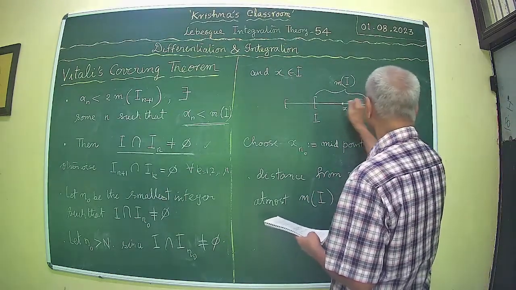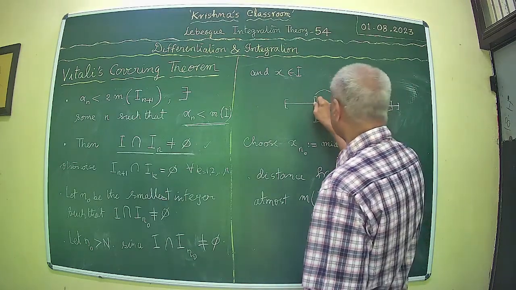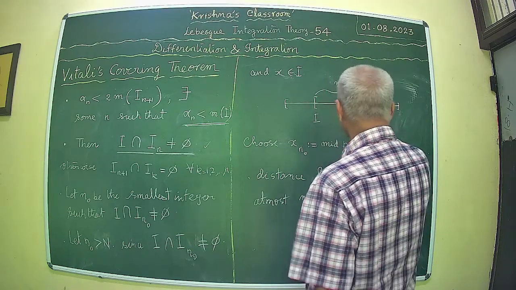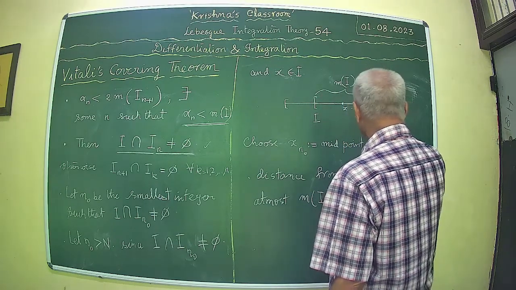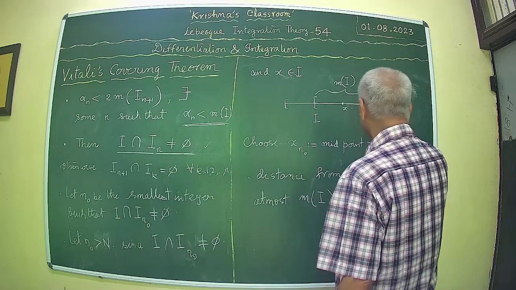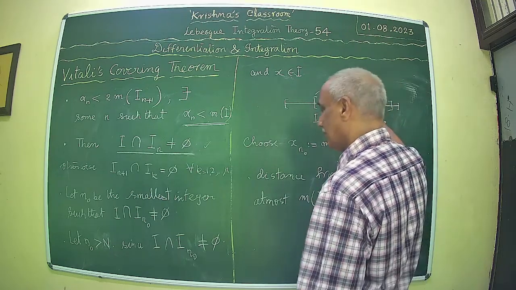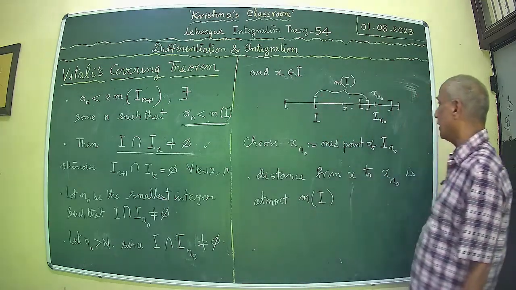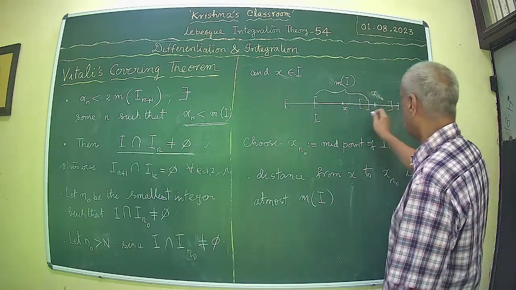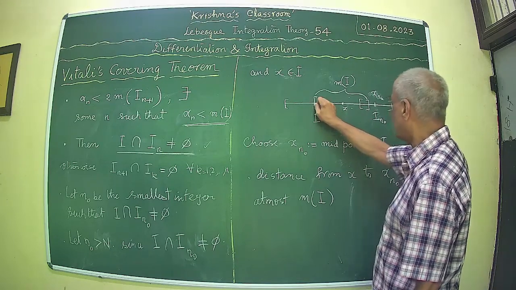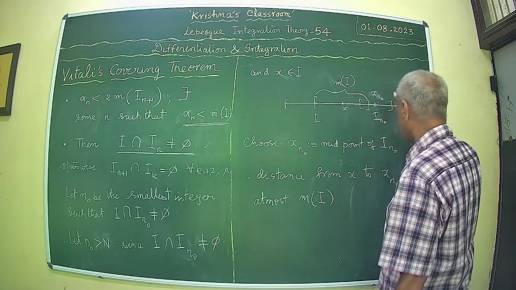We are computing from here. So x could be, in the worst scenario, at this extreme end. In that case, the distance is going to be this plus this one. They have a common point anyway, they are intersecting. Therefore I_{n naught} and I intersect, and the distance from this point to this point is less than the measure of I plus the measure of I_{n naught} by 2.